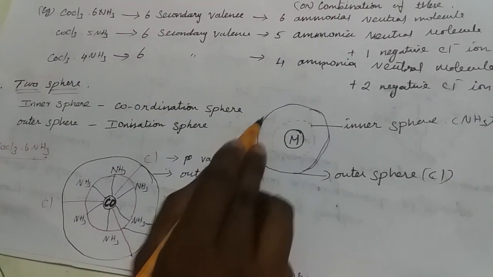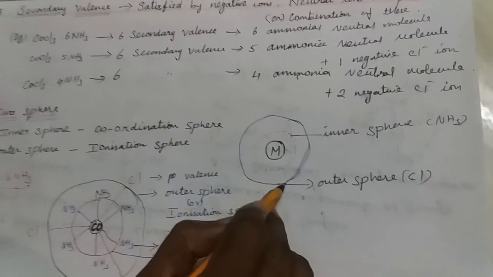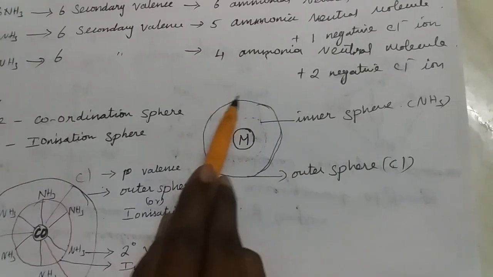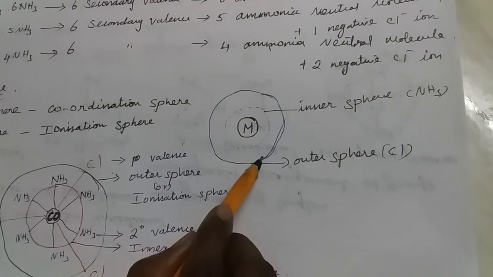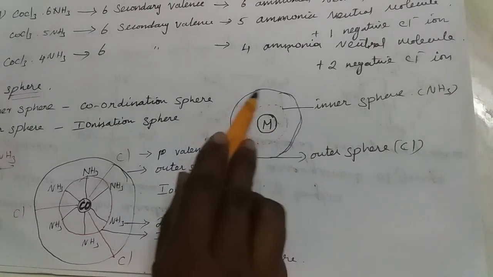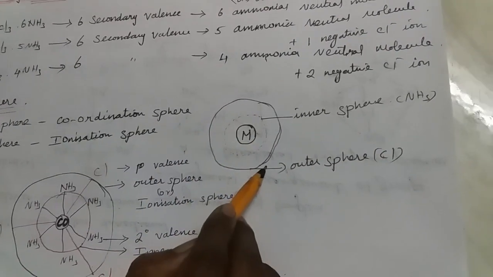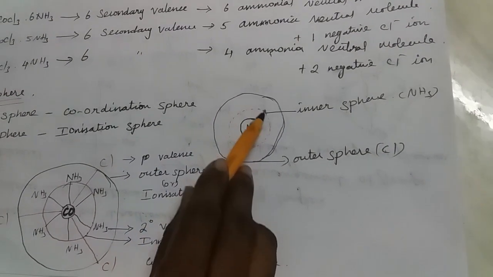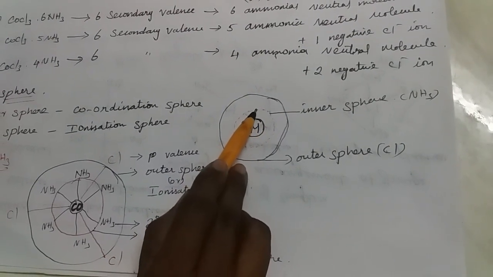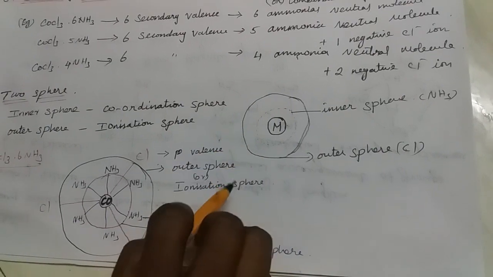The chlorine occupies the outermost sphere, and only the chlorine is involved in the reaction. So we call this the ionization sphere or outer sphere. We can't split the inner one, so we call it the coordination sphere, otherwise called the inner sphere.